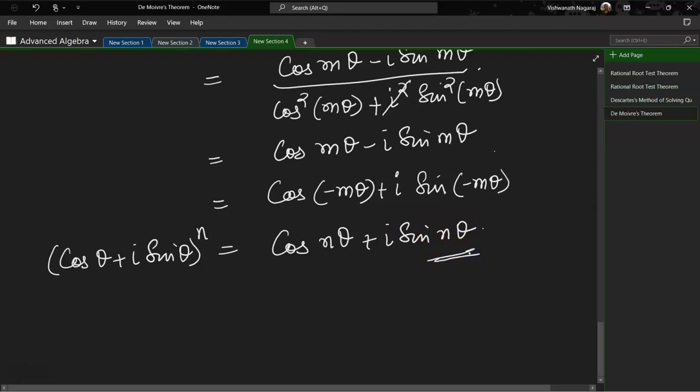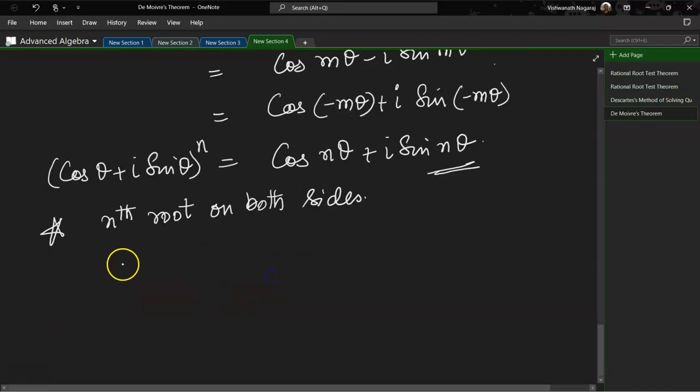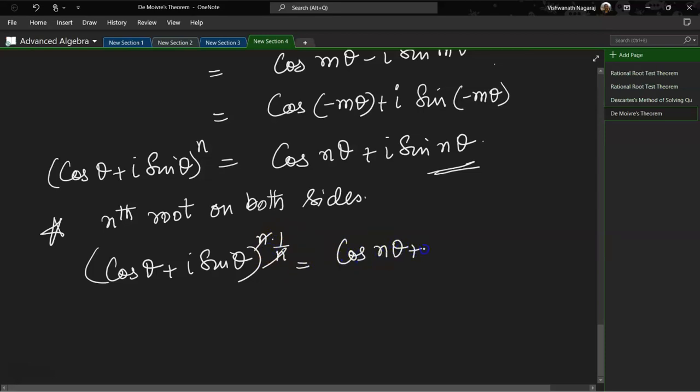Now let's take the nth root on both sides. What do we get? This to the power of n will cancel out. (cos theta plus i sin theta) to the power of n to the power of 1 by n, these two will cancel out, and this will become (cos n theta plus i sin n theta) to the power of 1 by n.